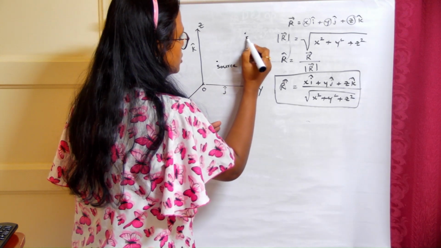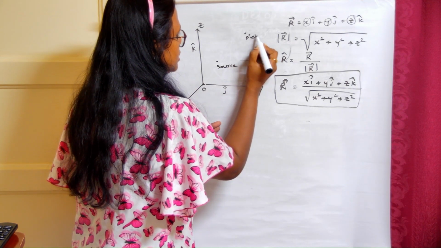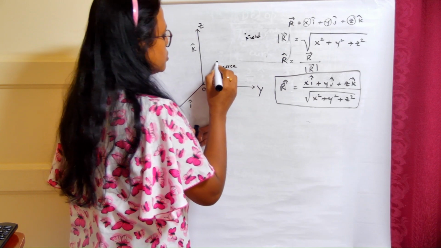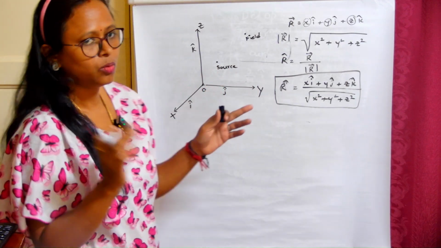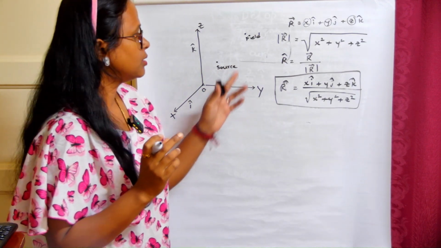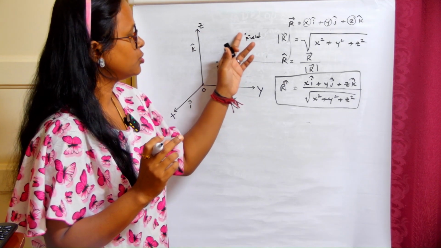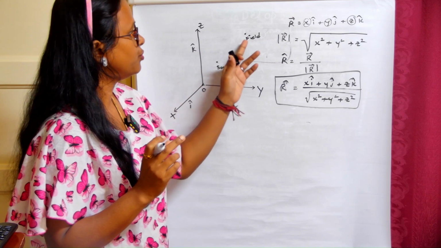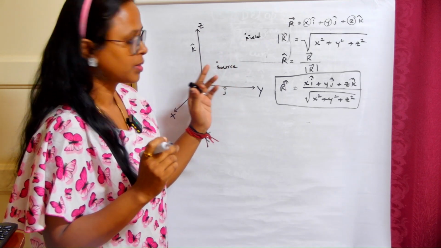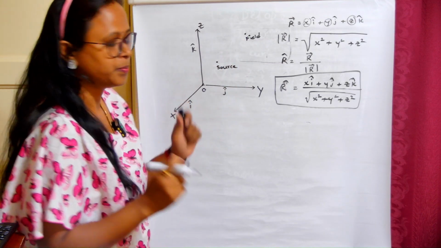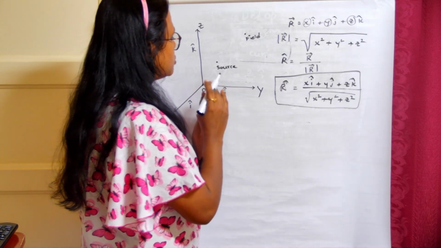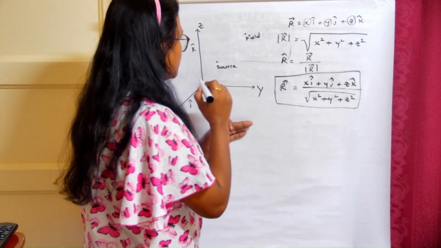So in a more general sense, we can call it as a field point. So one source point will be there where one charge will be kept, and this is the test point where we keep the test charge to identify few field parameters imposed by this source charge. So in this way, we need to know the concepts of source charge and field charge.